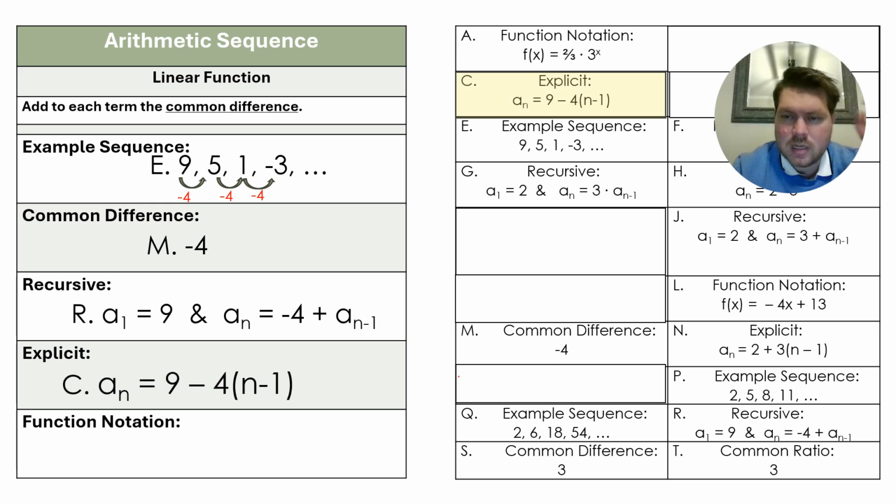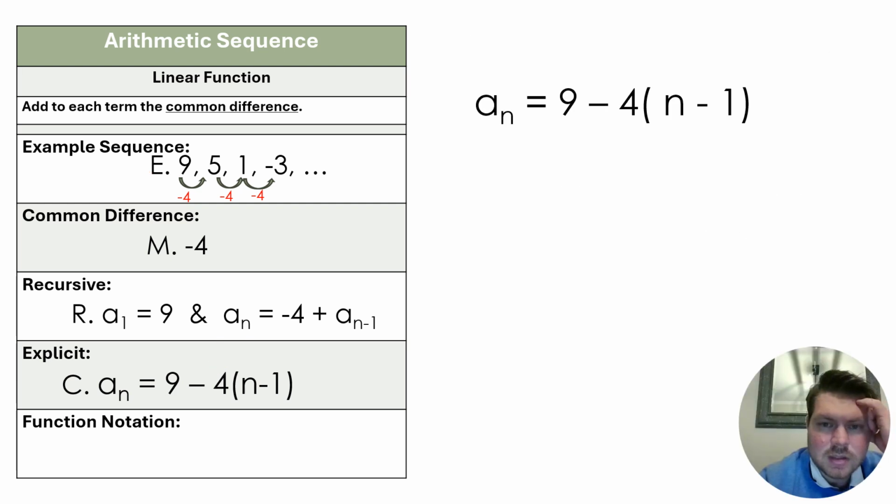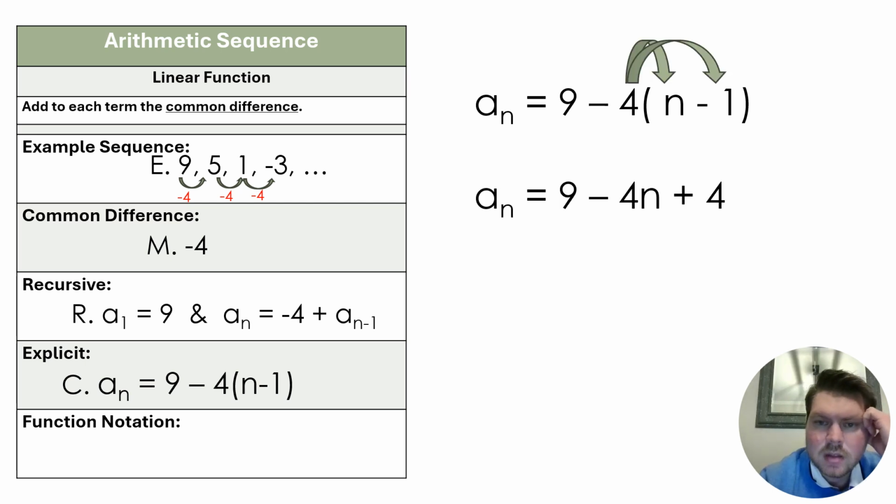And then function notation. Again, you can do this a couple different ways. We already know our slope, which is -4. It's going down by 4 each time. But we don't know what comes before 9. You can probably figure it out if I'm subtracting by 4 each time. Or you could plug in 0 here for n. Or if we simplified this, if we distributed -4, you get -4n, and then plus 4, because -1 times -4 is plus 4.